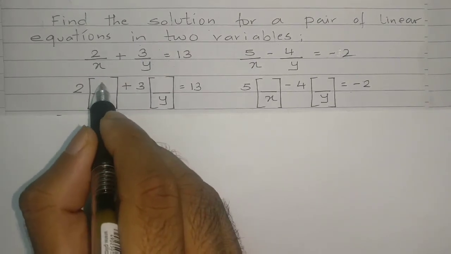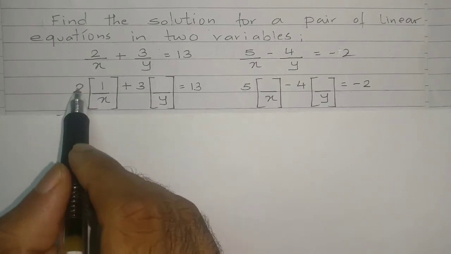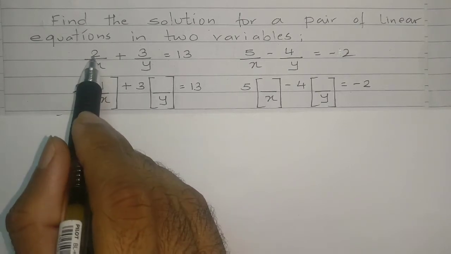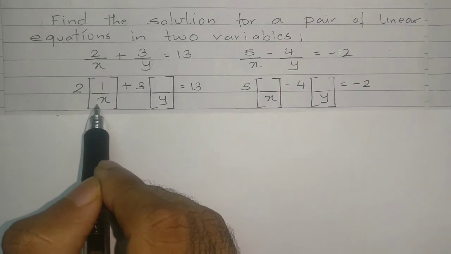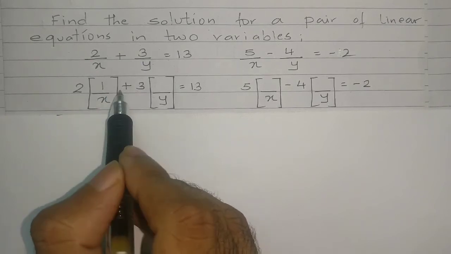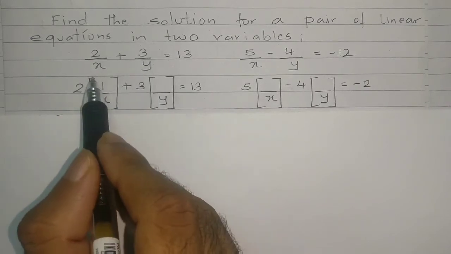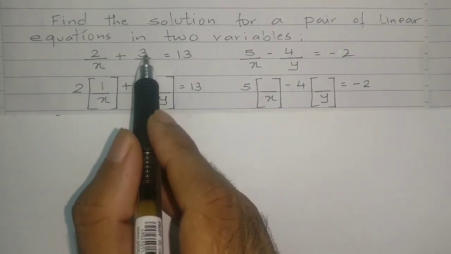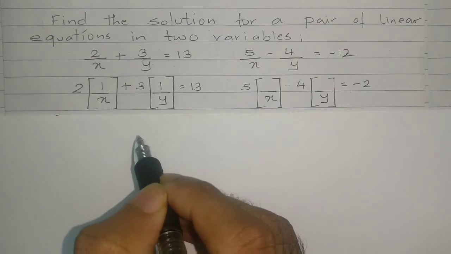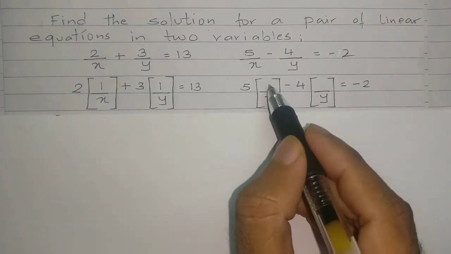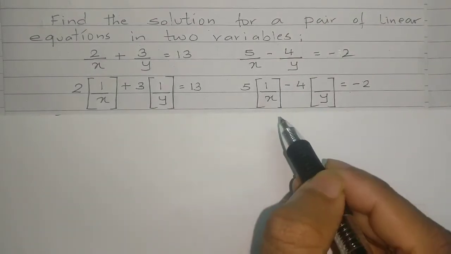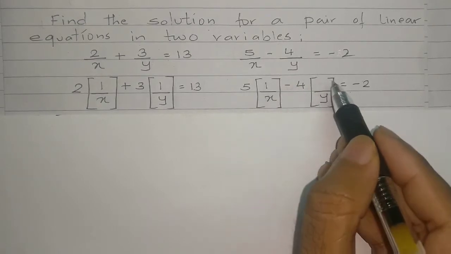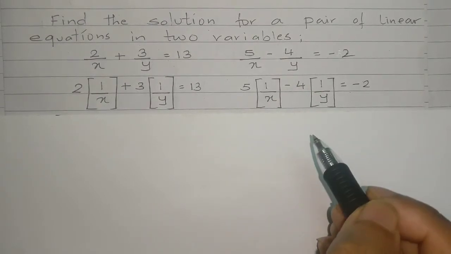Definitely I'll have to write 1, which will make 2 into 1 as 2 upon x again, plus I've written this 3 at the side. What will I write over here so that I get my answer as 3? I'll have to write 1. Similarly over here I'll have to write 1, and 4 moved aside, so I will write 1 again over here.